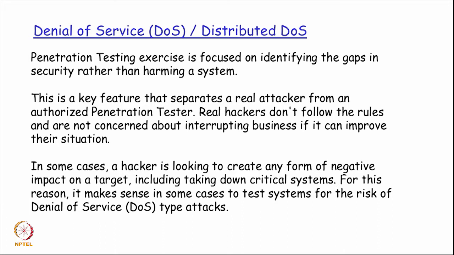Unless the penetration tester has been given explicit permission, DoS attack testing will generally not be done. And this basically differentiates a real attacker from an authorized penetration tester, because real hackers do not follow the rules, and typically come in only with the objective of ensuring that at any cost the target system or network is brought down without the awareness of the administrator or the end user.